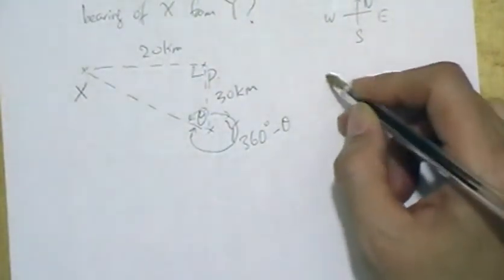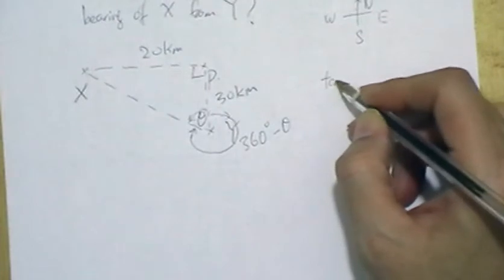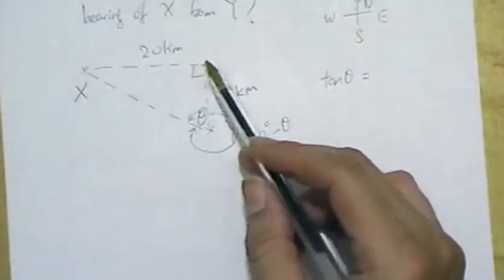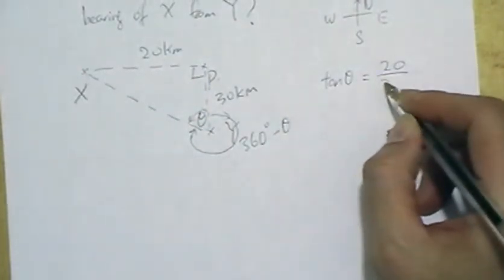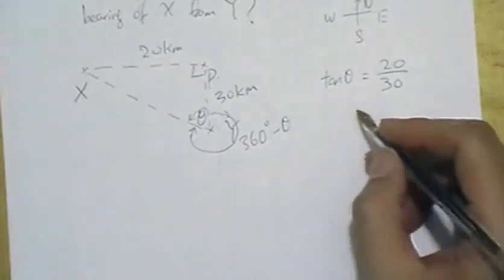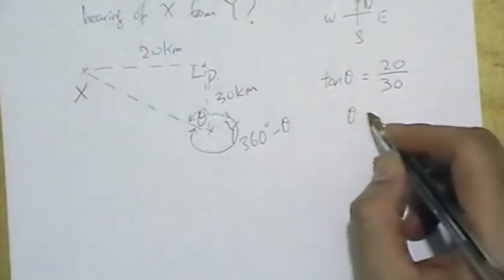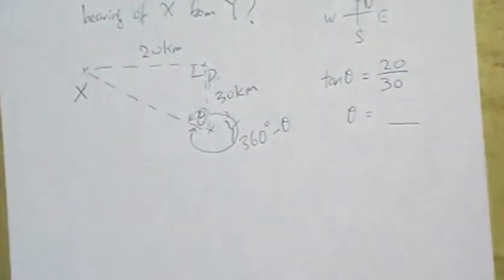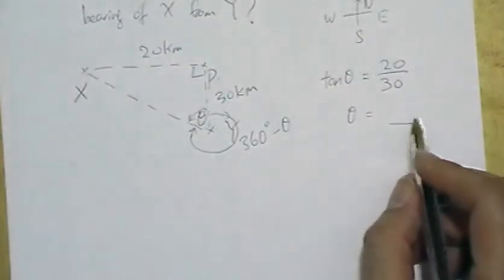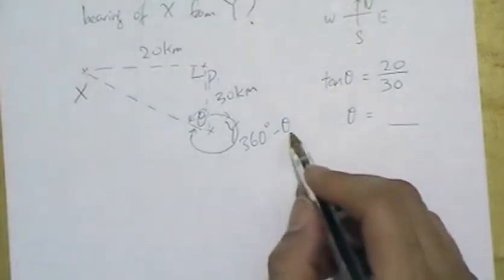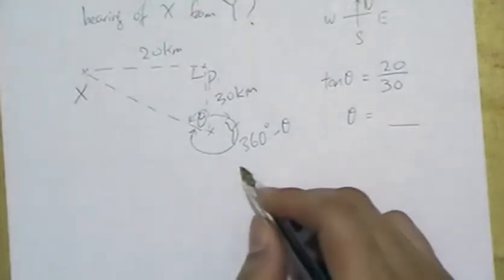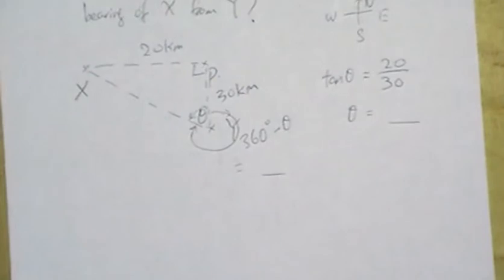Therefore, they are related by tangent theta, which is the opposite over adjacent. Using the calculator, we can find the answer to this, and then from here, we can substitute it into here and calculate an answer for the bearing.